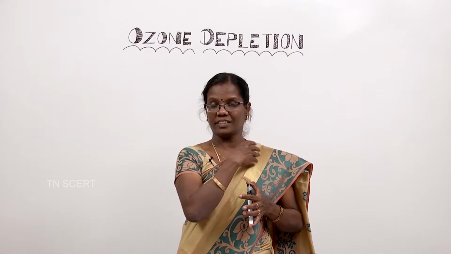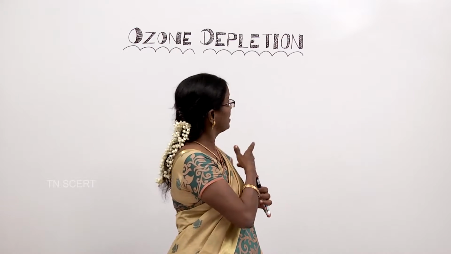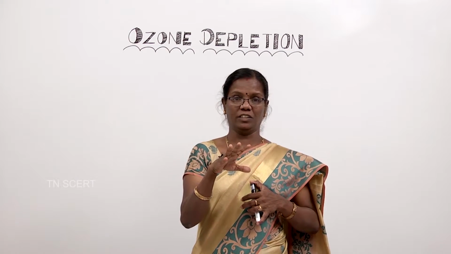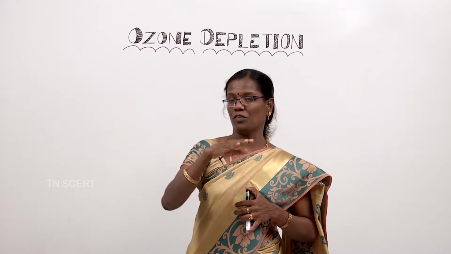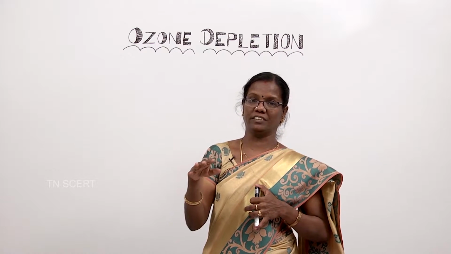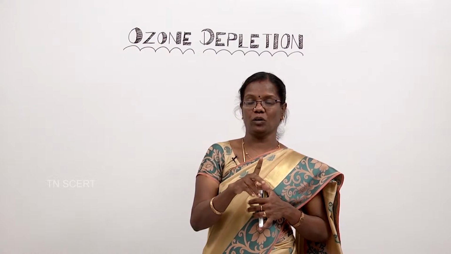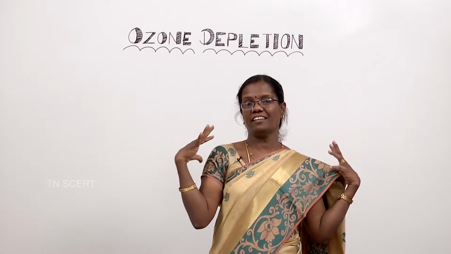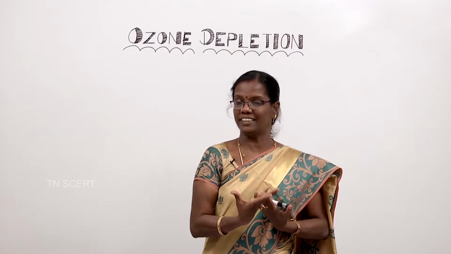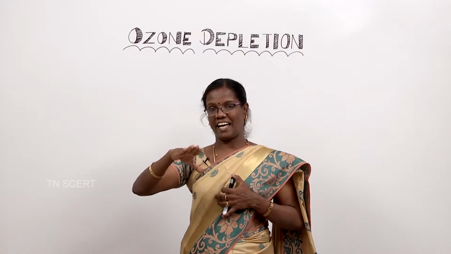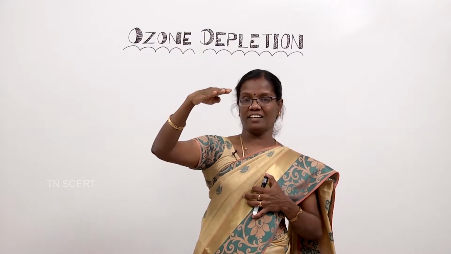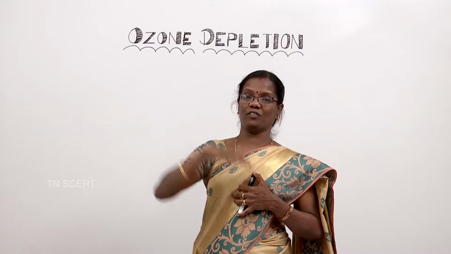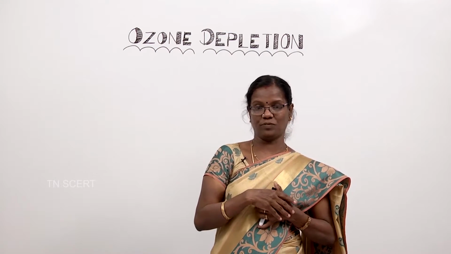See, this ozone depletion occurs in the stratosphere. Stratosphere is one of the layers of the atmosphere, and I think you know what is atmosphere. Atmosphere is the air that surrounds the earth, and this air has many layers, and the upper layer of the atmosphere is stratosphere.